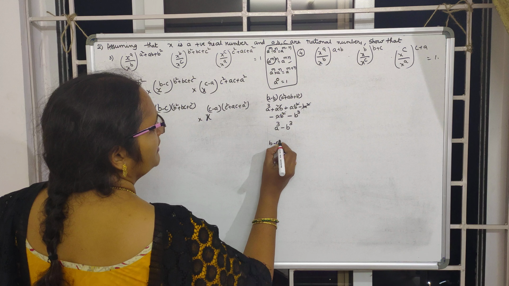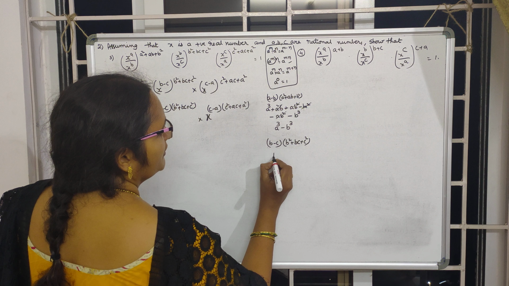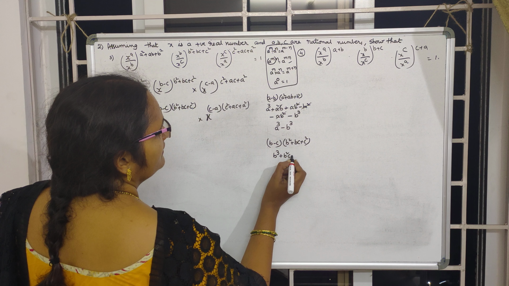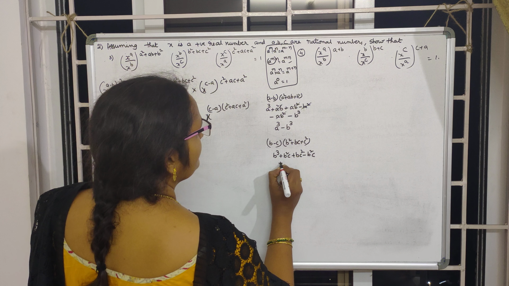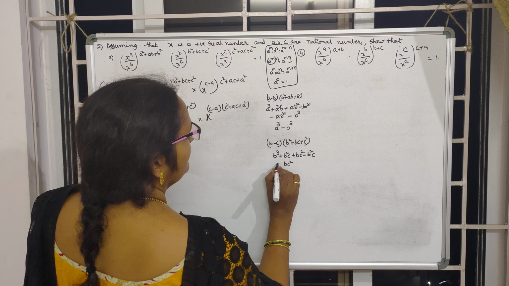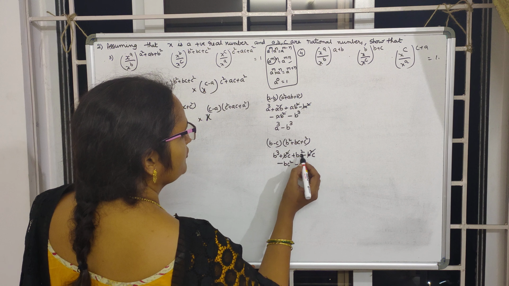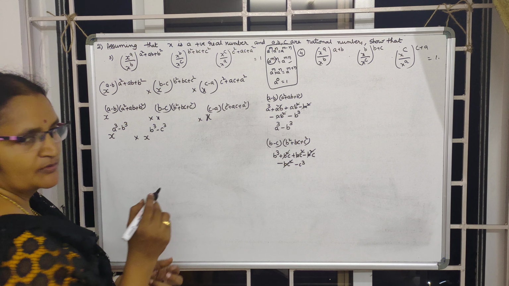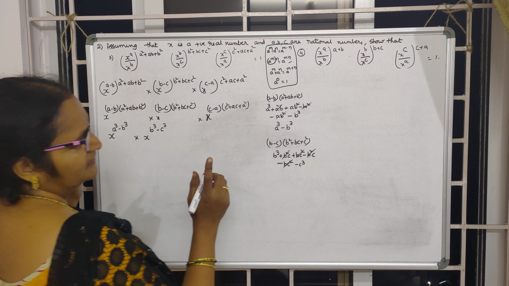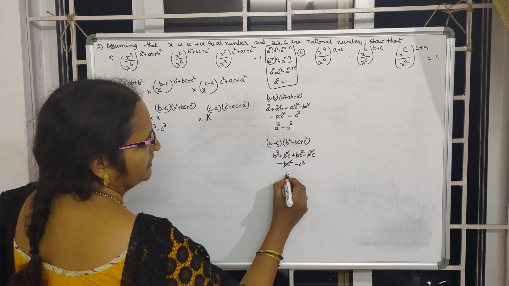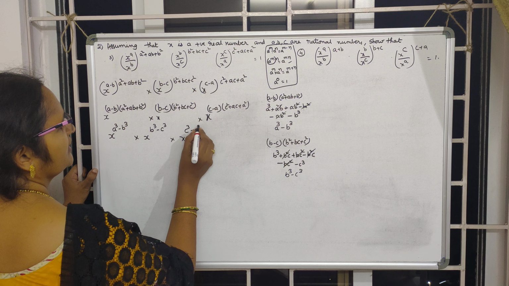Once you verify it, (b − c)(b² + bc + c²): here this is b³ plus b²c plus bc² minus b²c minus bc² minus c³. This is the cube formula, already it is there, but in class 8 we learned something but not thoroughly. So here this one is b³ minus c³. So here x^(c³ − a³).